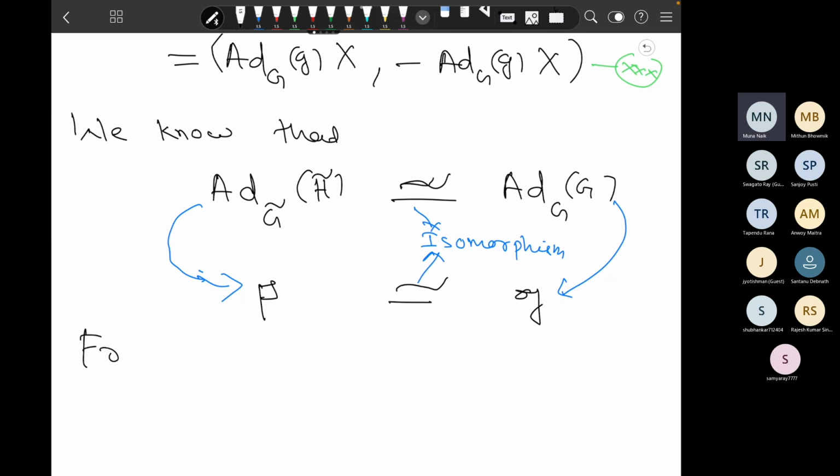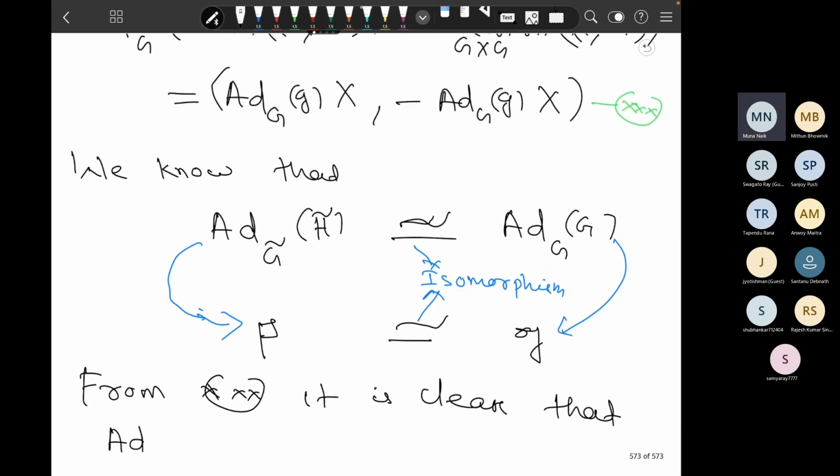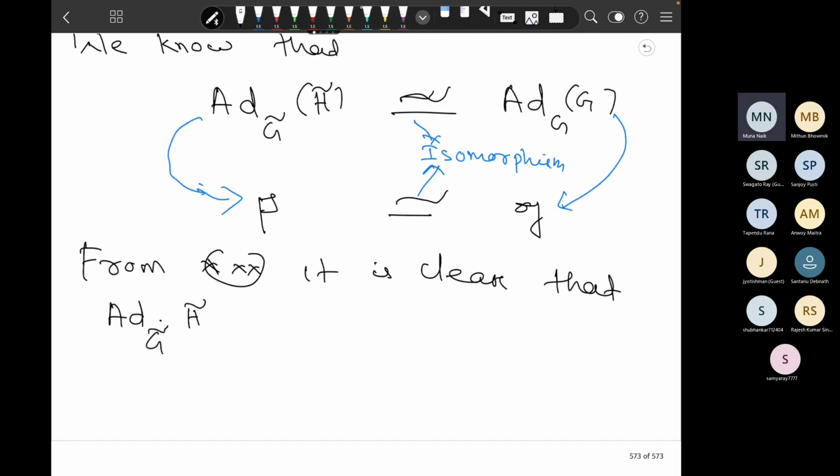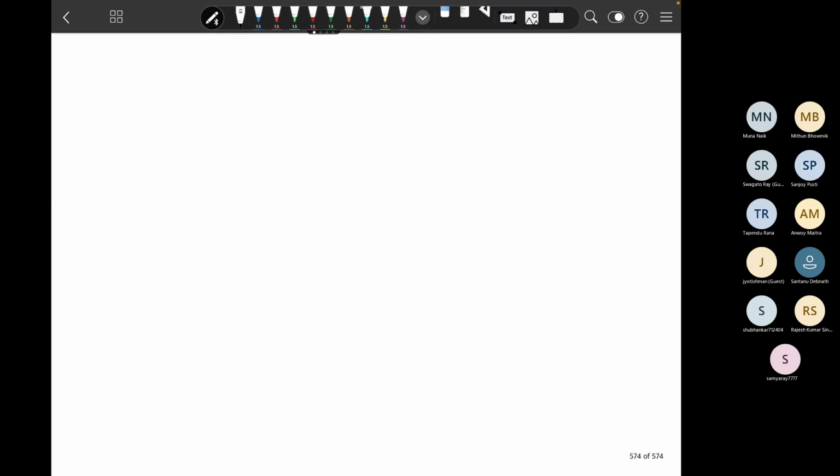So from triple star it is clear that RG tilde S tilde action on P is equivalent to RGG action on G. Hence, what we get.